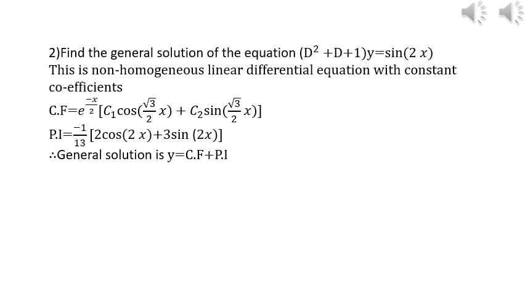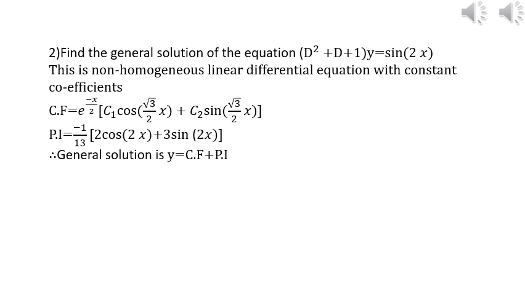So now the two values of D are complex numbers, respectively minus 1 by 2 plus i root 3 by 2, minus 1 by 2 minus i root 3 by 2.